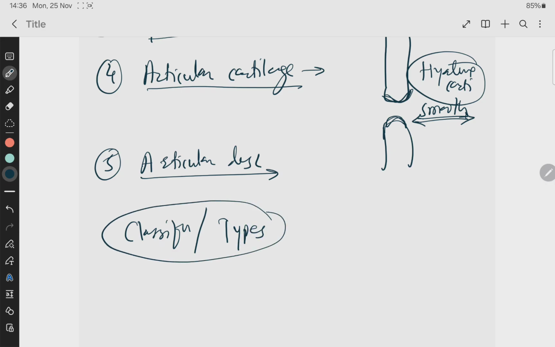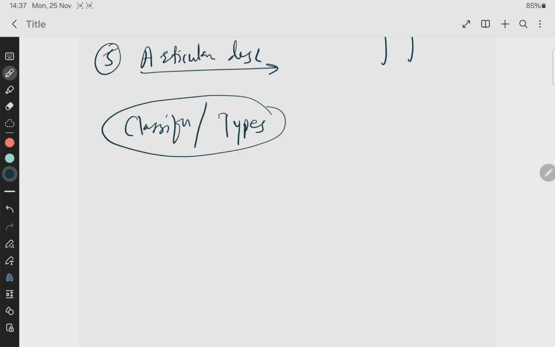Now, there are two ways we classify it: according to the structure or according to the function. In classification, we classify it in different ways. First, according to the number of bones taking part, that is one way of classifying the synovial joint.